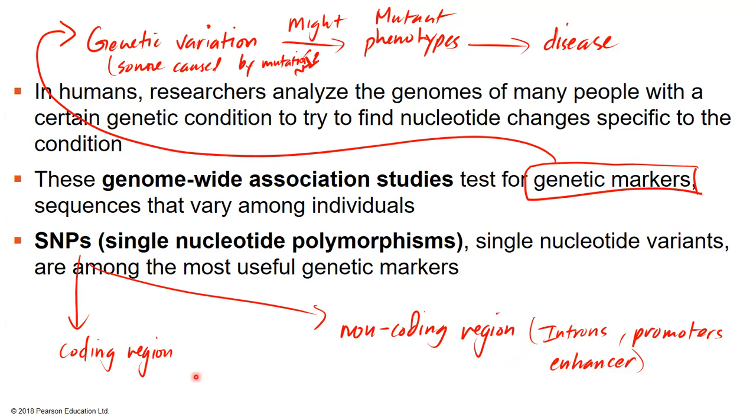Within the coding region, these SNPs might be synonymous, or they might cause a silent change or missense change, or sometimes nonsense change. But most of the SNPs are found in non-coding sequences.